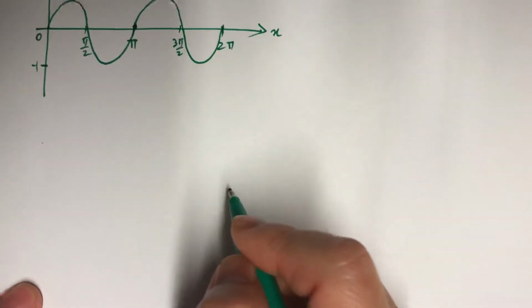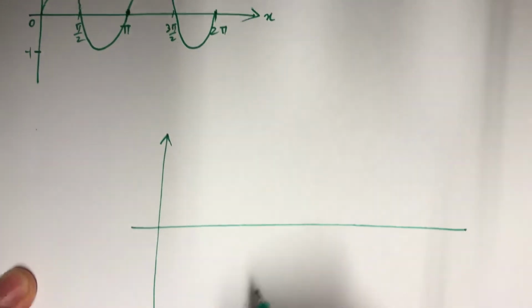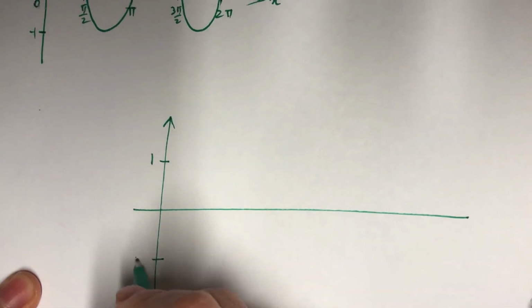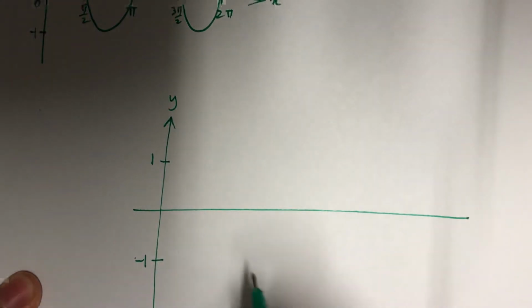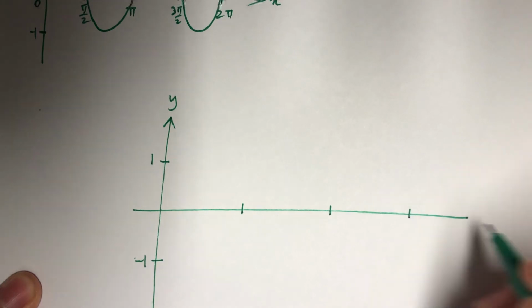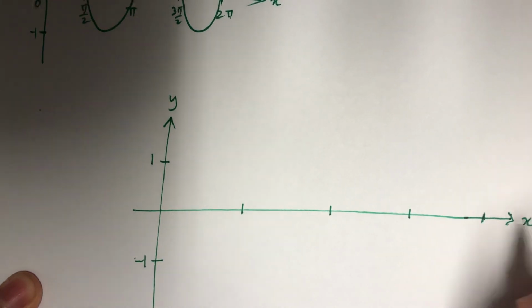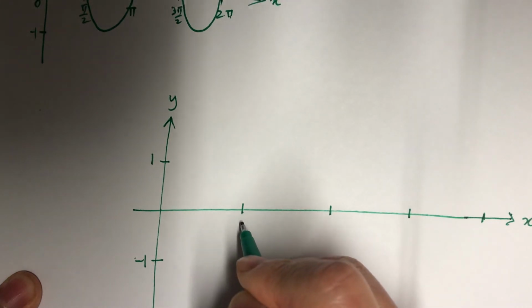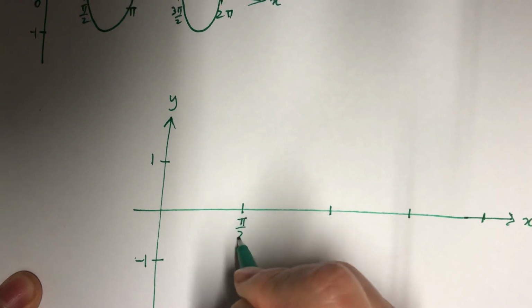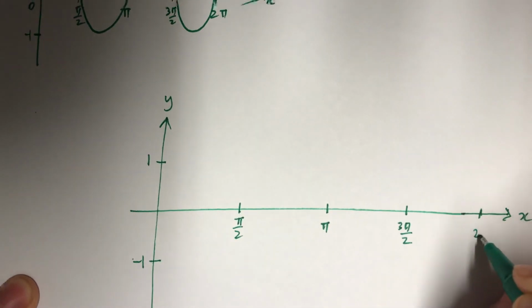So let me see if I can sketch a bit bigger. And it's still 1 because the amplitude hasn't changed. But here I'm going to go 1, 2, 3, 4, x. So here we go. I'm going to go pi over 2, pi, 3 pi over 2, 2 pi.